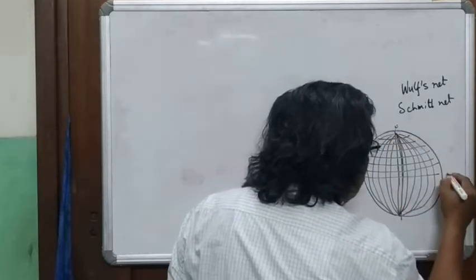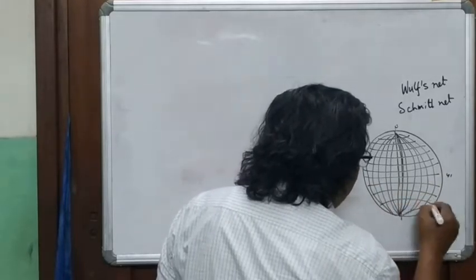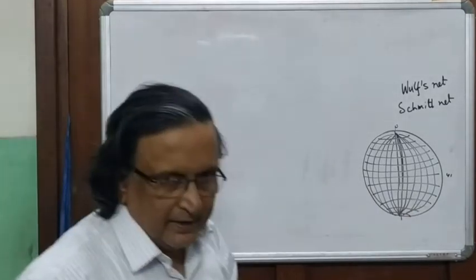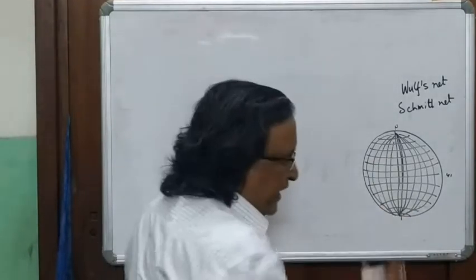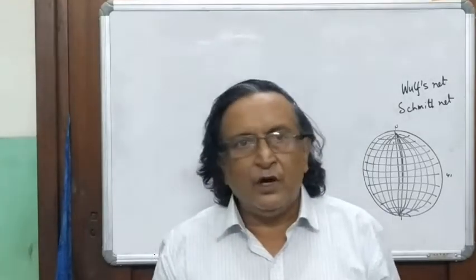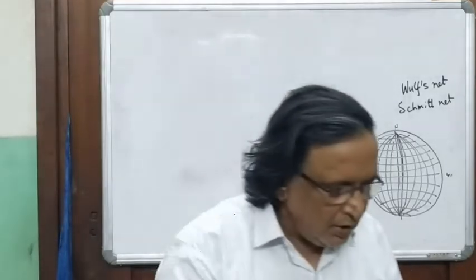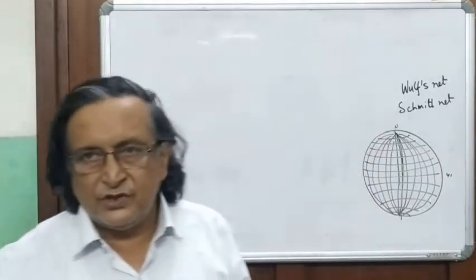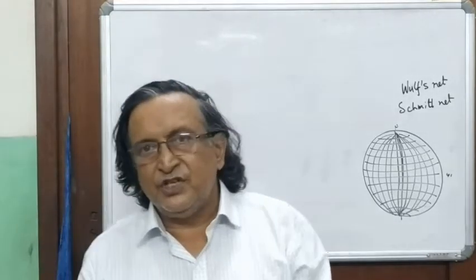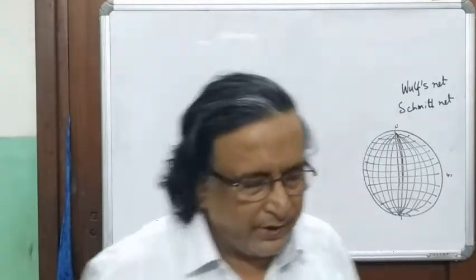From 0 to 90 there will be 90 divisions, and similarly it will have divisions like this for every 10 degrees. So this is how the net looks. While plotting your stereograms, you can of course use certain software. When we learned, there was no such software, so we did it with a tracing sheet placed on a Wolf's net or a Schmidt net, whichever was required.